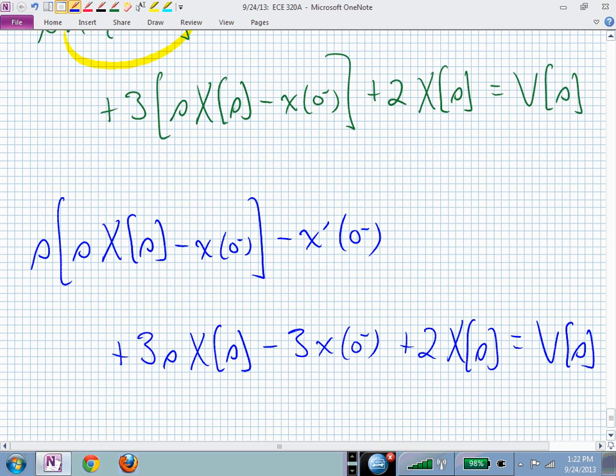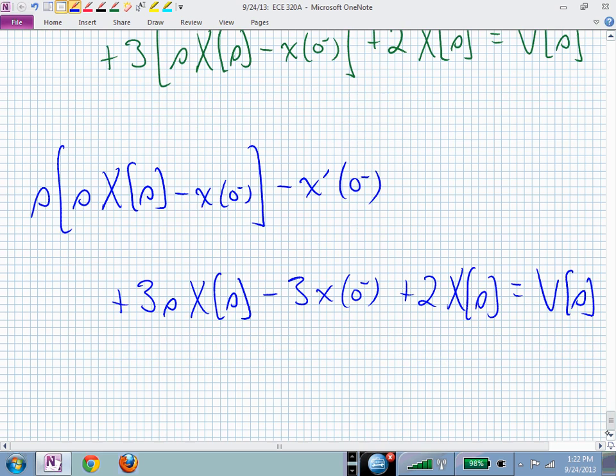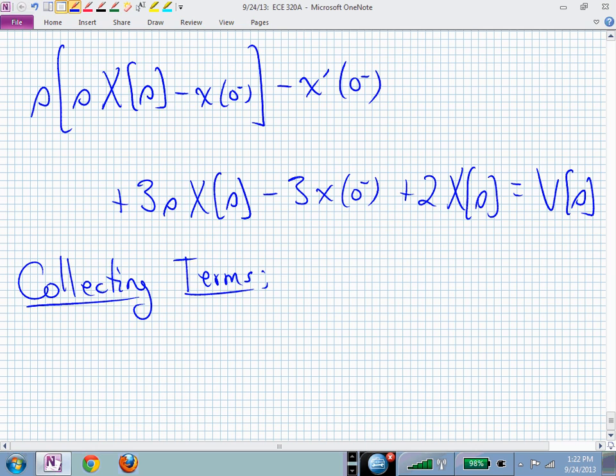If you have non-zero initial conditions, now all of those need to be accounted for. And if I now collect terms, meaning let me combine all of these pieces that involve capital X of s, I have this s squared. That's this piece. I have a 3s. That's this piece. And I have a 2 right there.